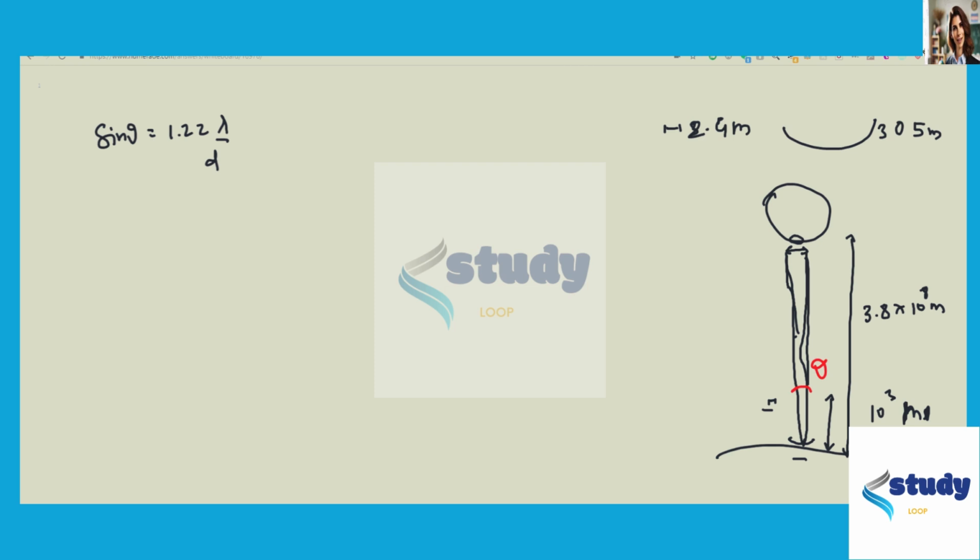Because this angle is very small, sine theta is almost equal to theta. And theta is the arc length divided by the radius, which is the diameter of the crater divided by the distance between the moon and the earth. Let's call it s. Therefore, d by s equals 1.22 lambda by D. So the diameter of the crater you can resolve is 1.22 lambda times s divided by D.